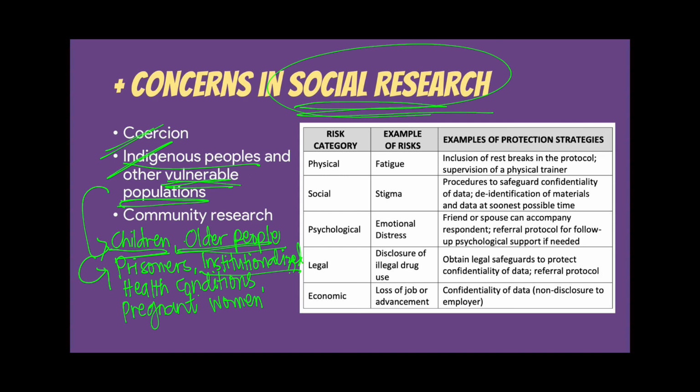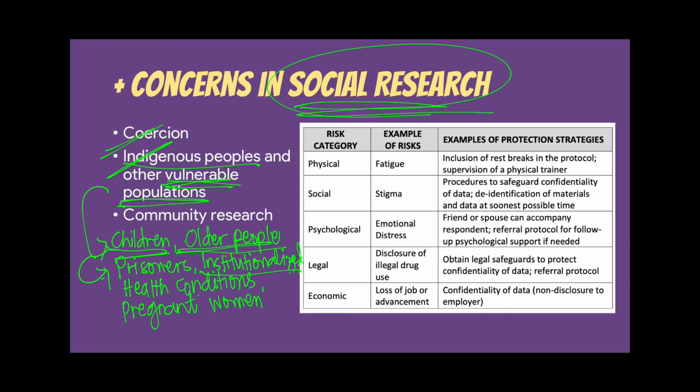So the voluntariness of deciding to be a part of the research may be dampened, because they might be coerced to be a part of the research by their superior.